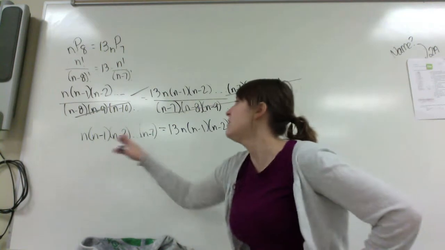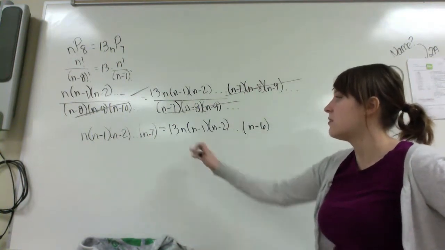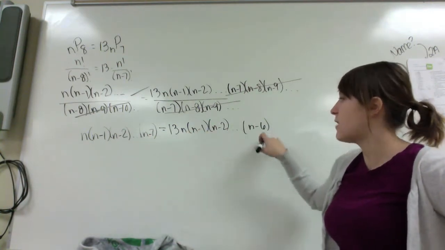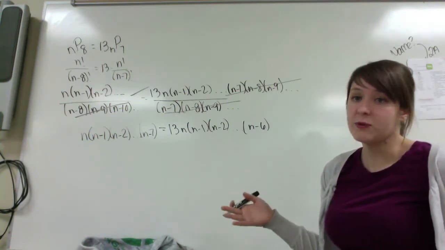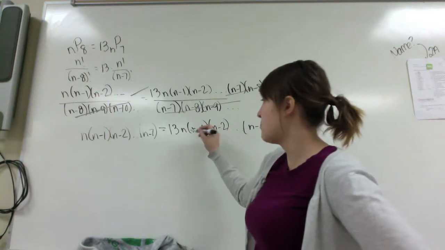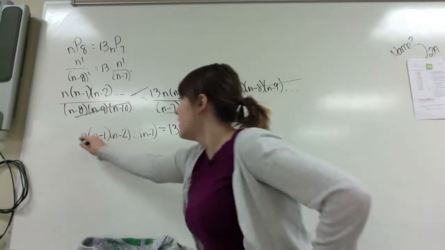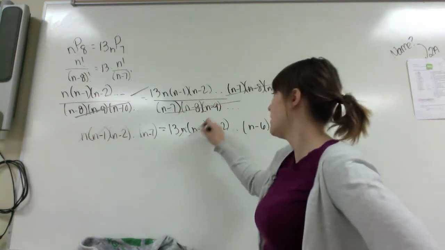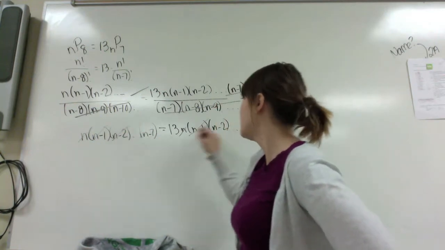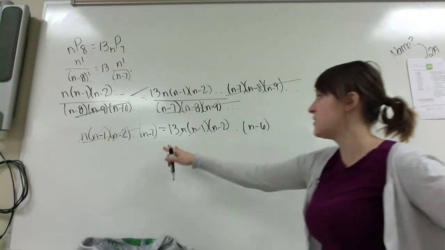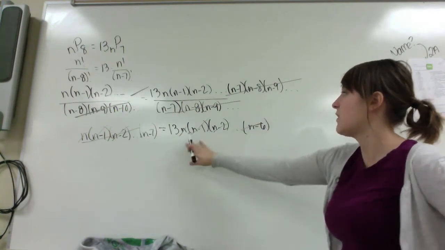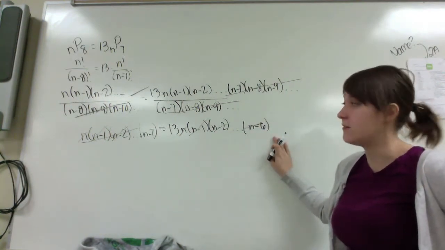So I've got from n to n minus 7 over here, and over here I've got 13n to n minus 6. Now I can start canceling stuff out on both sides because, for example, I have an n and an n, an n minus 1 and an n minus 1, an n minus 2 and an n minus 2. So I can cancel all the stuff up until n minus 7 because I've got everything up to n minus 7.